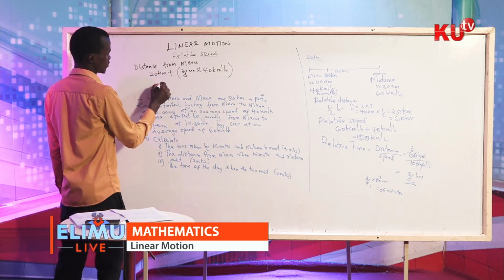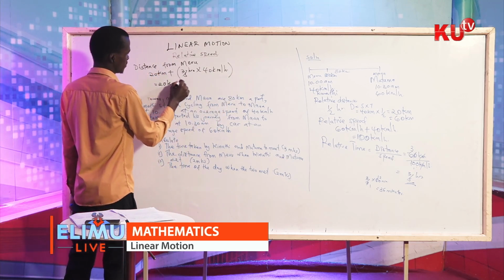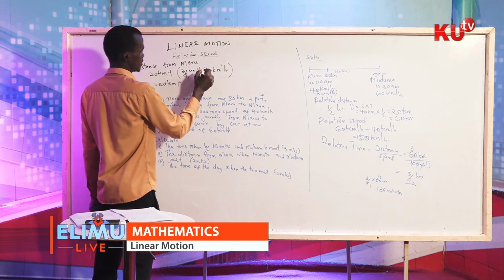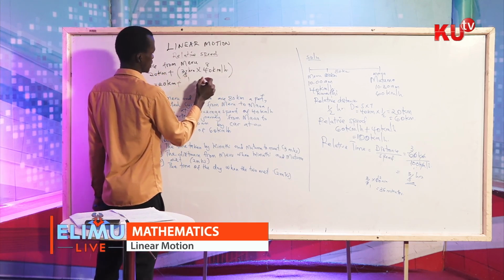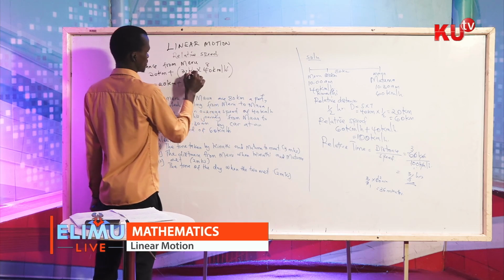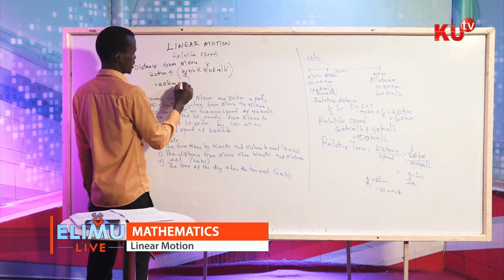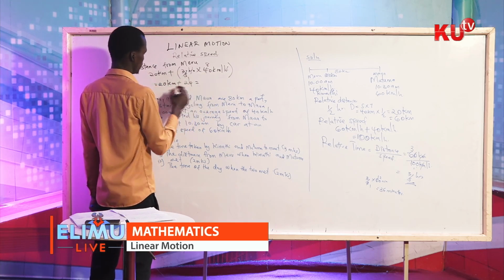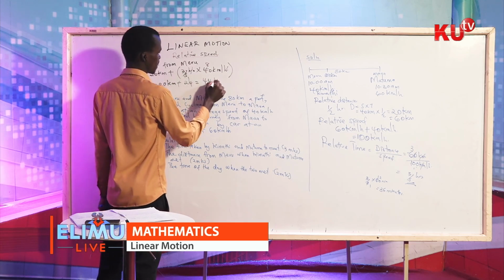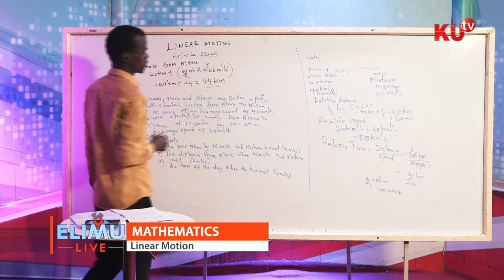So you're going to have 20 kilometers plus, this is 8 kilometers. So 8 times 3 is 24 to give us 44 kilometers from Meru.